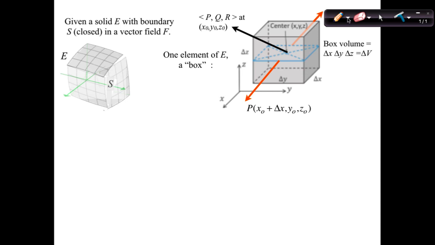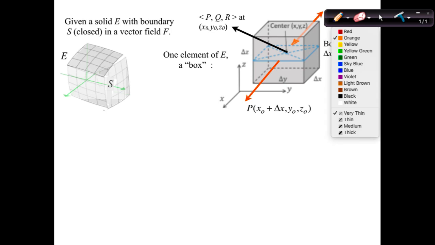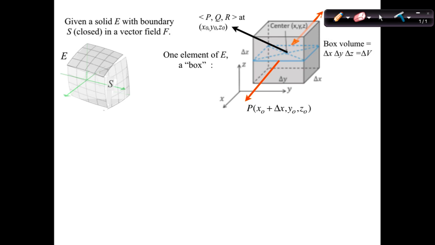I actually should have drawn this. Here, I got orange here. Oh, it's the perfect shade too. I'm going to draw white. That's a better depiction there. Okay, so across delta x on this little box, there could be a change in the P vector.